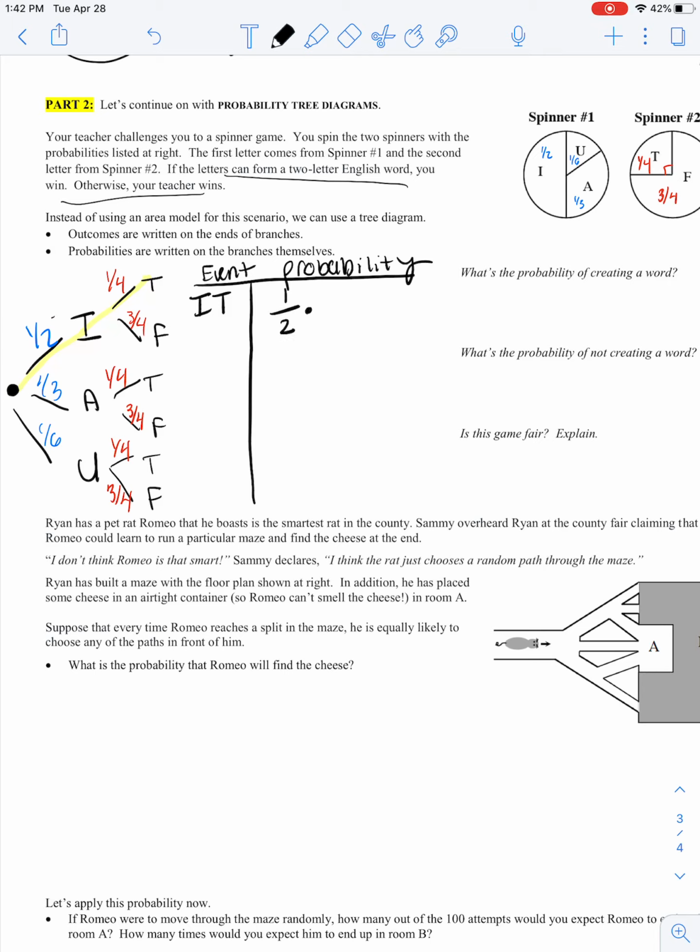So the probability of spinning an I, then spinning a T is 1/2 times 1/4, which is 1/8. So if we continue that process, the next event would be an IF, which is 1/2 times 3/4, which is 3/8.